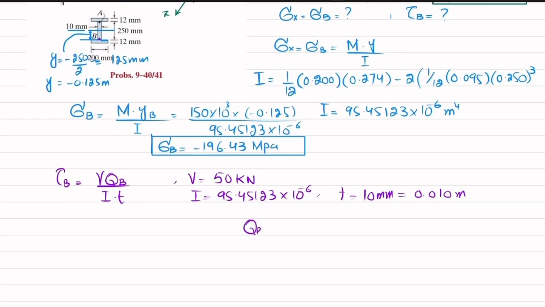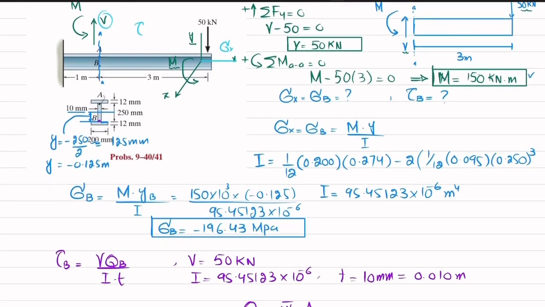So QB will be equal to Y dash bar into A. And what is Y dash bar and what is A? So A is this area. This area is equal to 200 millimeter, which is 0.2, into thickness 12 millimeter, which is 0.012. And what is Y dash bar?